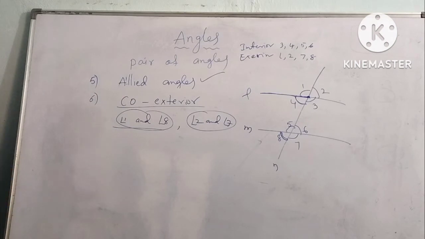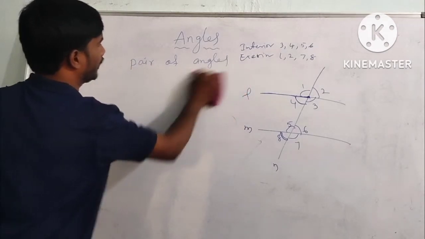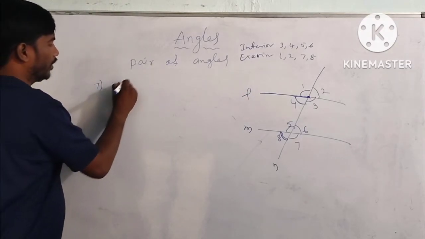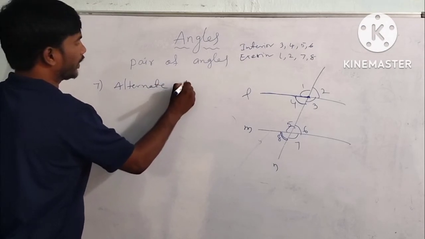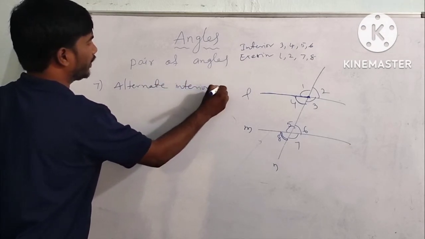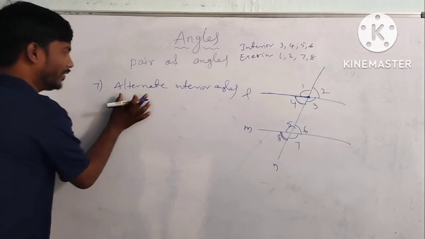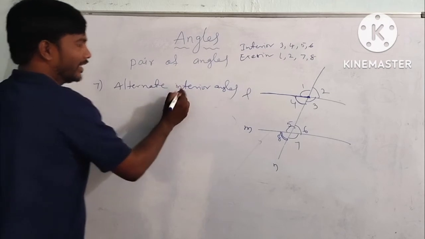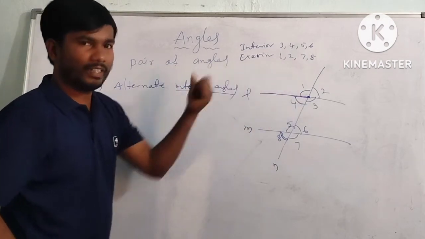Next, the seventh one: alternate interior angles. The difference between allied angles and alternate interior angles: in the word itself it is mentioned they are interior, but how?